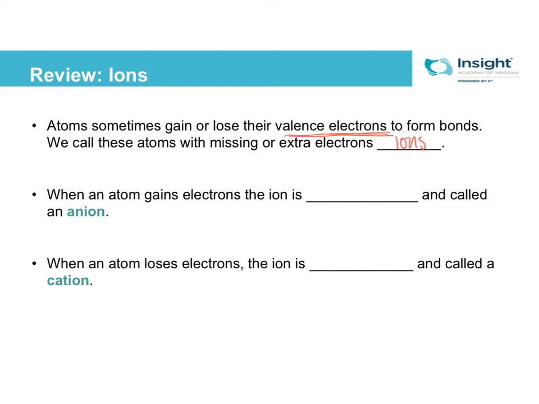If we have more negatives, extra electrons, that's going to make an overall negative ion, and we call that an anion. And when an atom loses electrons, so we give away some of that negative charge, that makes a positive ion called a cation. So make sure if you have forgotten these words, you get those back into your brains and what charge the ion has in those situations.